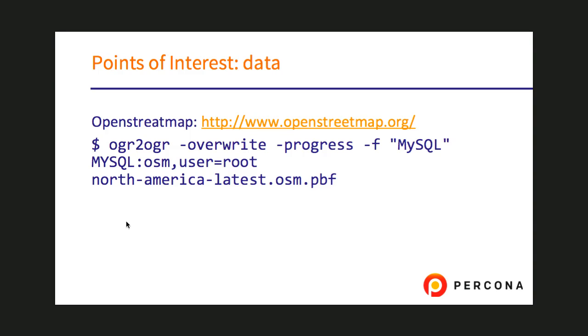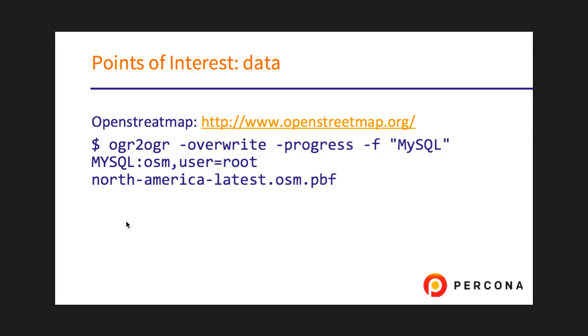So here's how we did that. First of all, there is OpenStreetMap. This is open source data. You can download it from openstreetmap.org. It is stored in its own format, but you can easily convert that to the MySQL representation, which will be using points of interest.